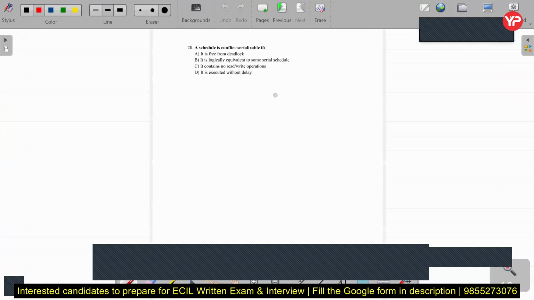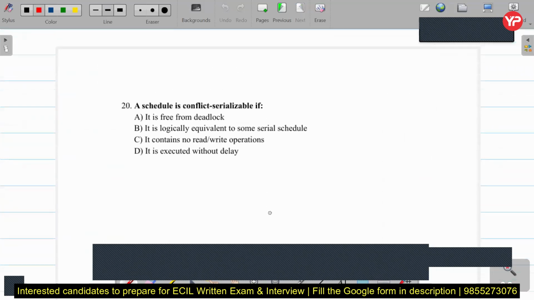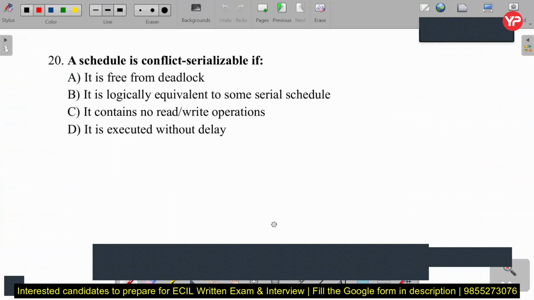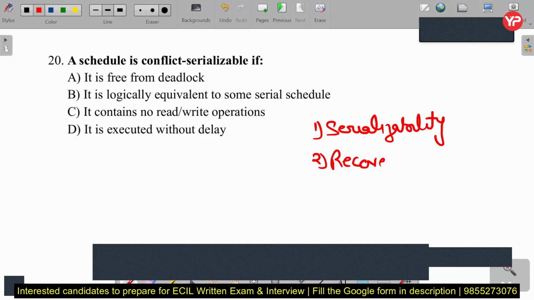And the last question of this series for DBMS is: a schedule is conflict serializable. We have different types of schedules. We categorize the schedule based upon serializability and based upon recoverability. So here it talks about conflict serializability, which is part of serializability.